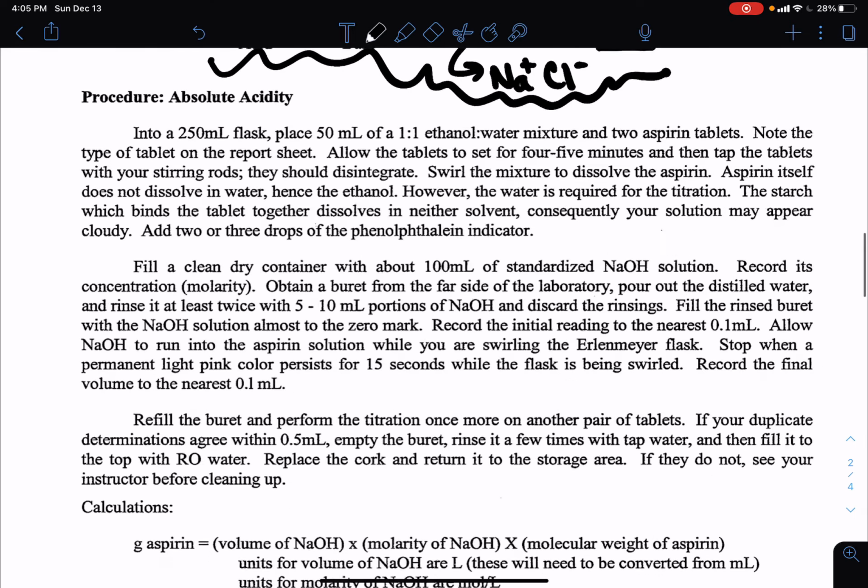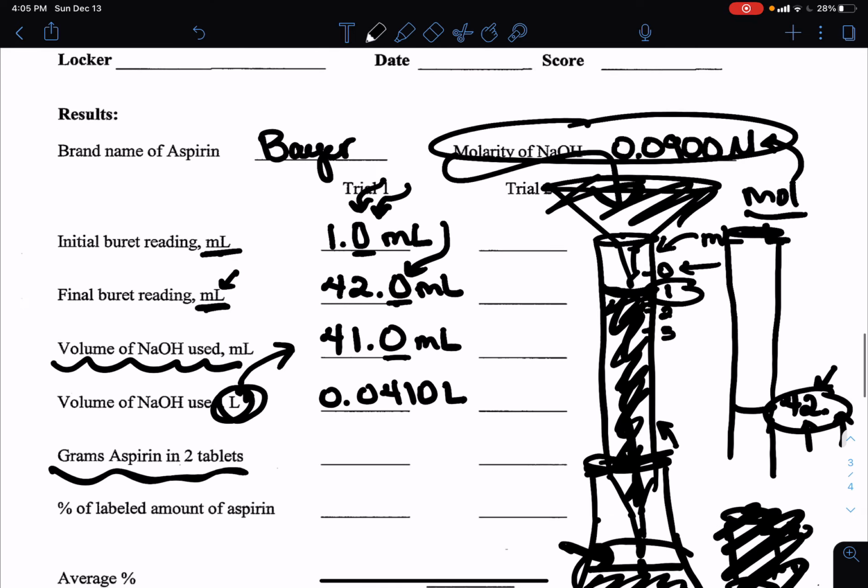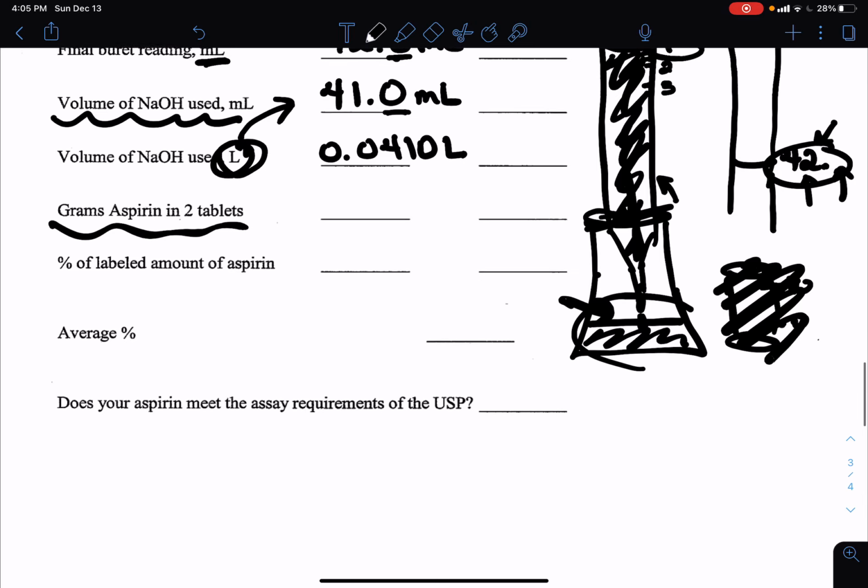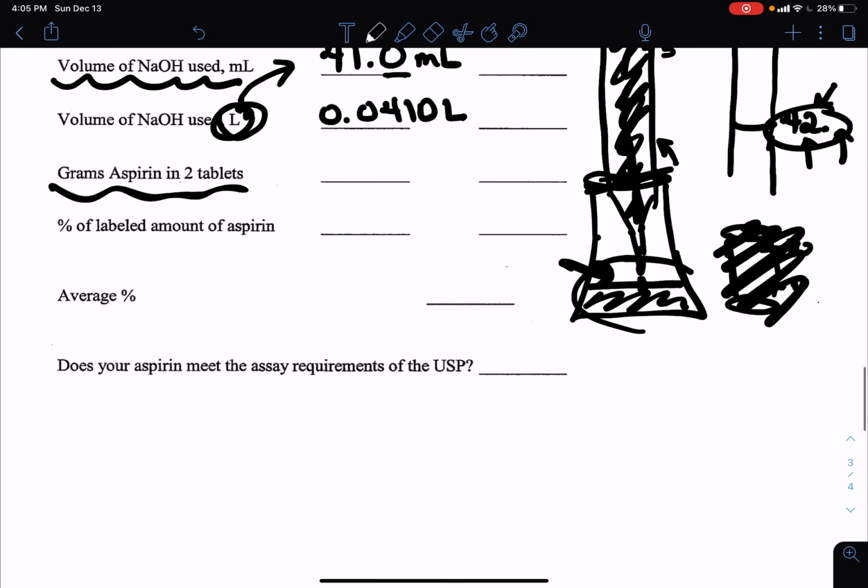Okay, so how you figure out the grams of acetylsalicylic acid is this. I'm going to use a space down here, and we're going to take this volume right here. Now remember, I just made up the concentration of the base and how much of it I used so I could show you how to work this.